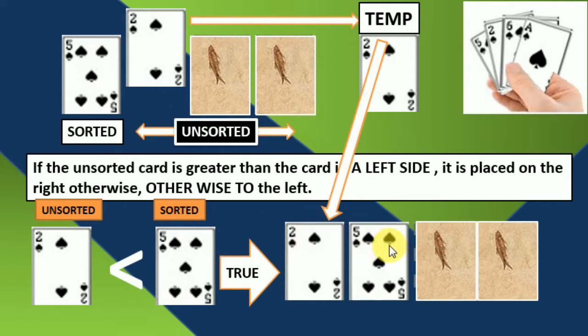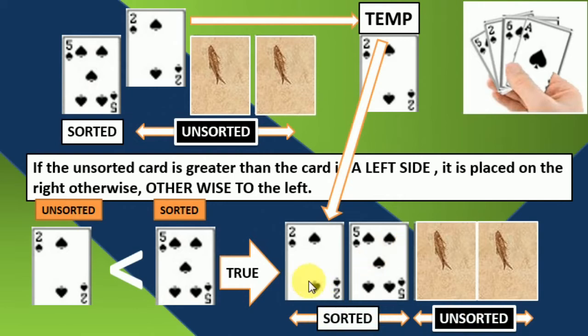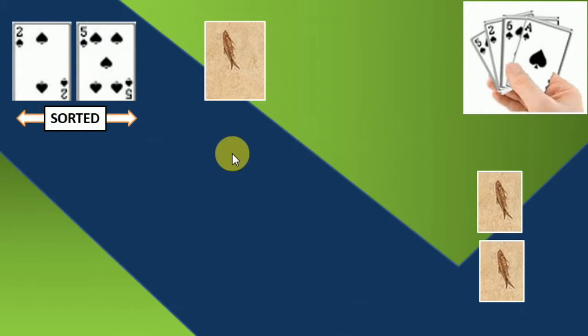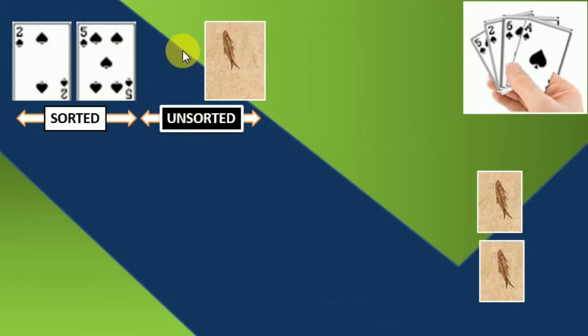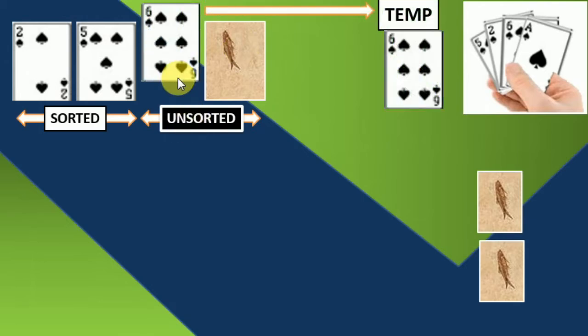Now we have 2 sorted cards and 2 unsorted cards. We think that these 2 cards, 2 and 5, are the sorted ones and the other 2 are still unsorted. From the unsorted cards, the first one is now 6. Again the same process: we store that inside temp.